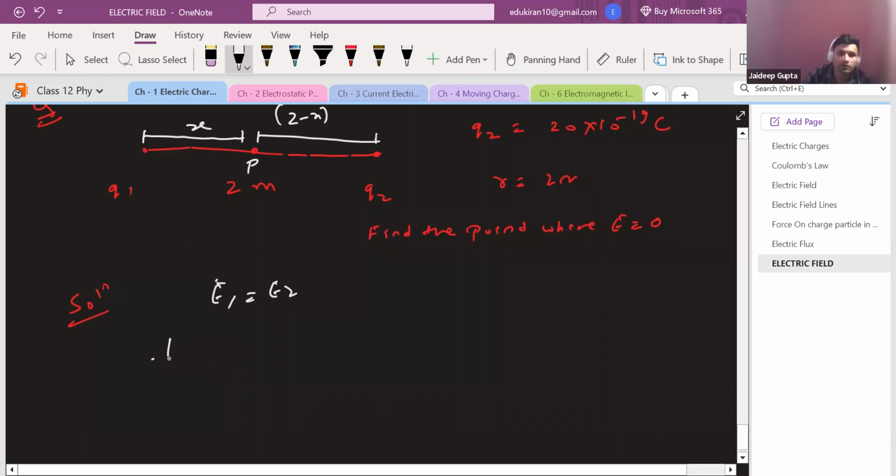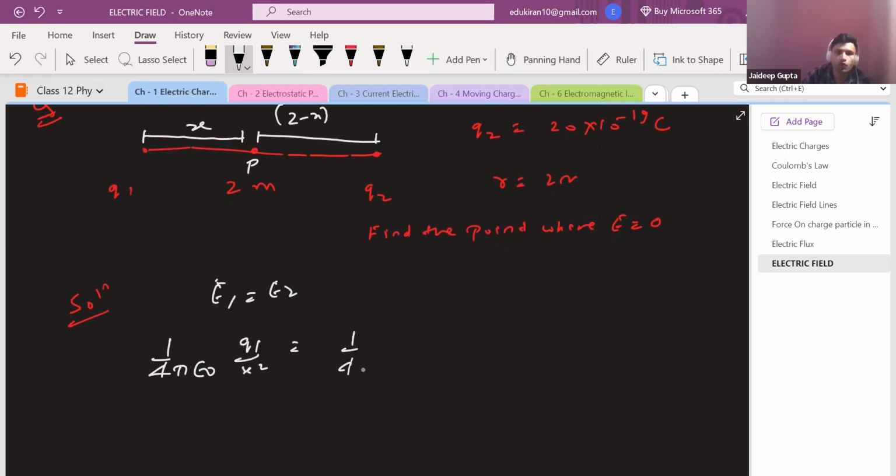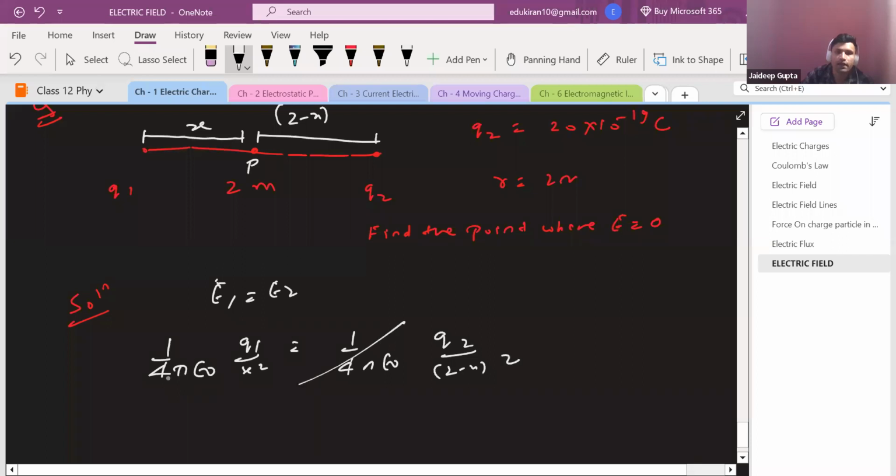So what is E1? 1 by 4 epsilon, Q1 over X square equals 1 over 4 epsilon, Q2 over (2 minus X) square. This will cancel out.